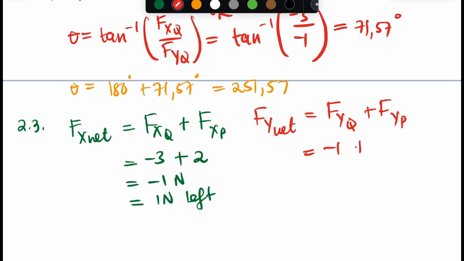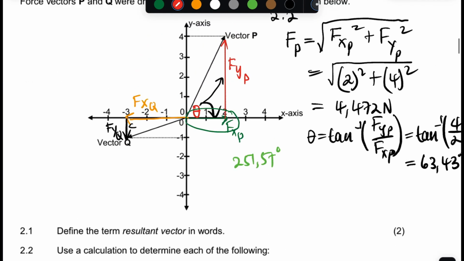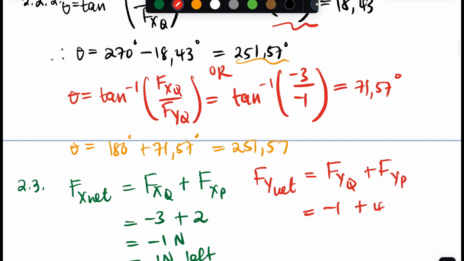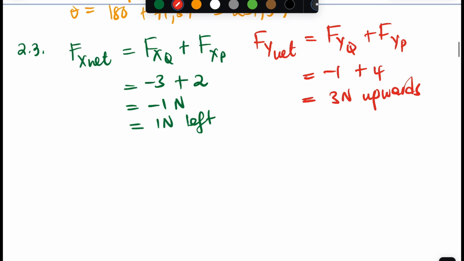So it's negative 1 plus the Fyp, it's 4 newtons up, which is going to be positive 4. So the answer there is 3 newtons upwards, because it's positive, right? And then getting the Fx and Fy, we can draw the vector diagram with those. So we have the Fx net, it's negative 1.